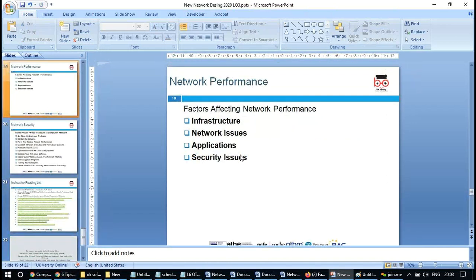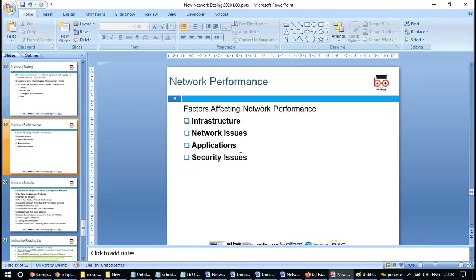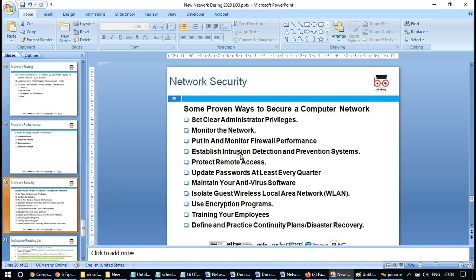Then the network performance could also be affected because of the infrastructure, any issues in the network, any issues in the application, or security issues. Because of security issues, you can have problems in the network performance.